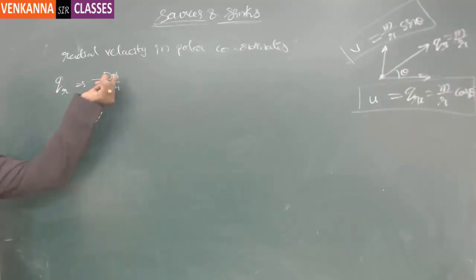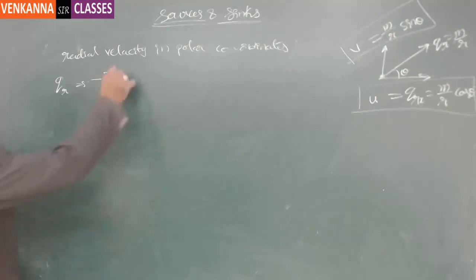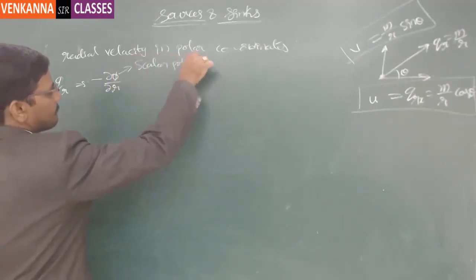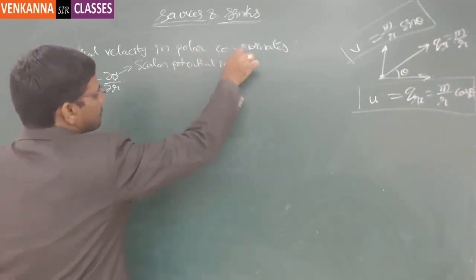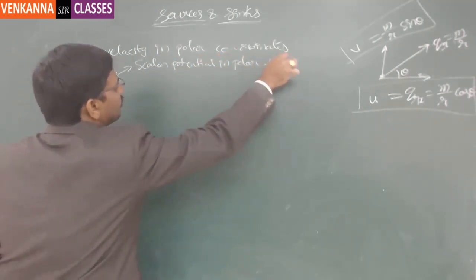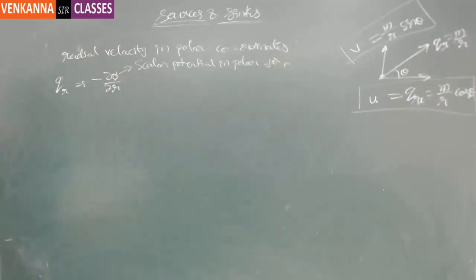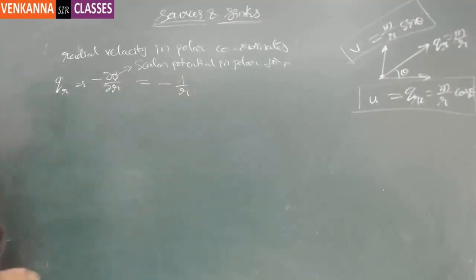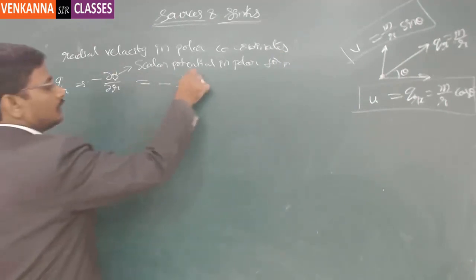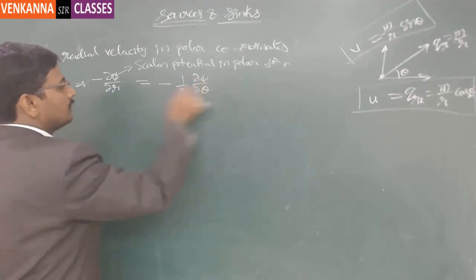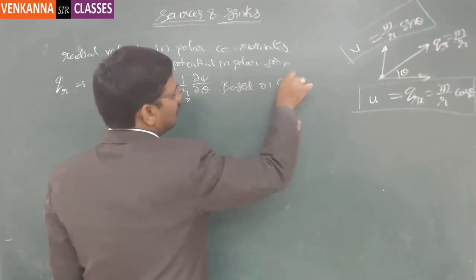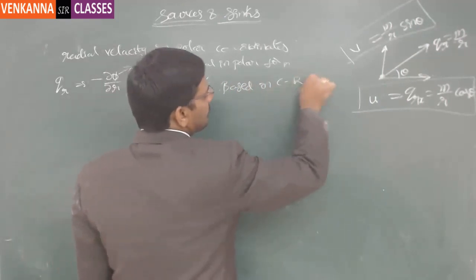So this is the velocity potential phi, a scalar potential in polar form, right? So minus dou phi by dou r, and the same thing is equated to minus 1 by r into dou psi by dou theta. So this is the CR equations, based on CR equations. These CR equations I have derived yesterday for polar.